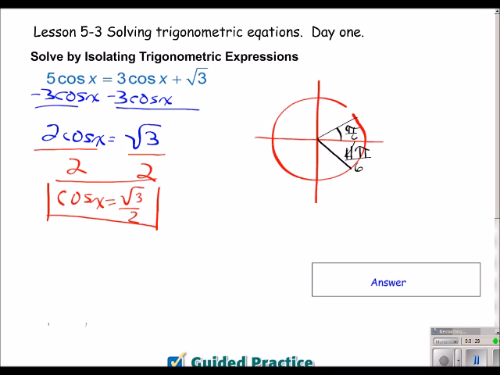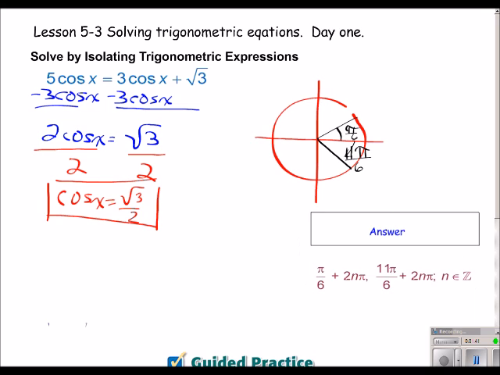So we have pi over 6 and 11 pi over 6, but those aren't really all of the solutions. Those are just the two that are between 0 and 2 pi. So to get all of the solutions, we're going to extend that by adding the 2 pi n to each of those for n, an element of the integers.